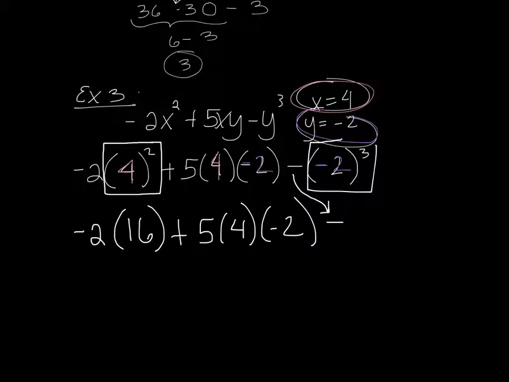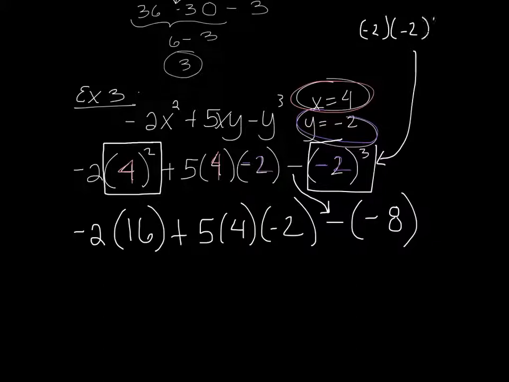And then negative 2 cubed is going to be negative 8. How do I know that? Because negative 2 times negative 2 times negative 2 equals negative 8. So no more exponential expressions.